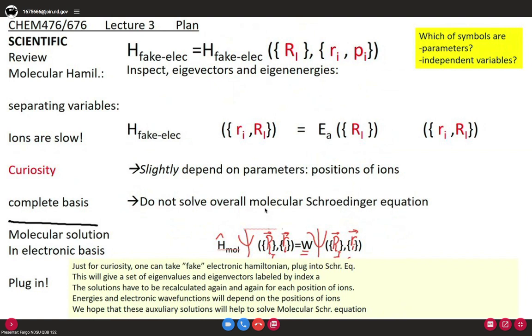So the three terms that we combine together, kinetic energy of electrons, potential energy of electron repulsion, and electron to nuclear attraction, will be treated in the way that positions and momenta of electrons will be treated as true independent variables for which we will solve. And the position of nucleus will be considered as a parameter.